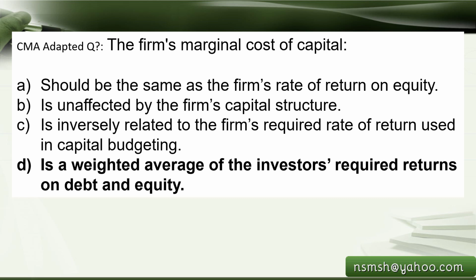Yes, because we have just seen in the graph also, it is a weighted average of the investor's required returns on debt and equity. By calculating the weighted average of the investor's required returns, we only calculate based on the marginal cost of capital.